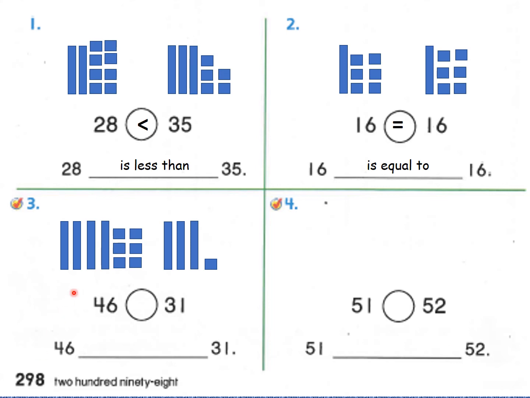Now we can compare them, and we have 4 tens and 3 ones. Because they're not the same number, we can compare them. We know that 4 is greater than 3, so 46 is greater than 31.